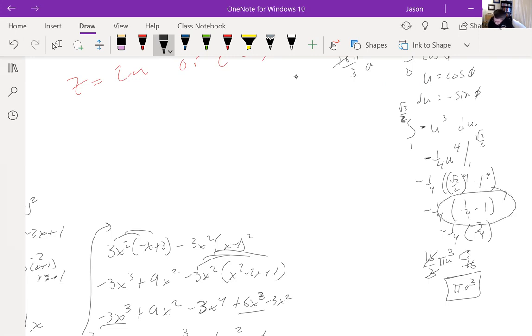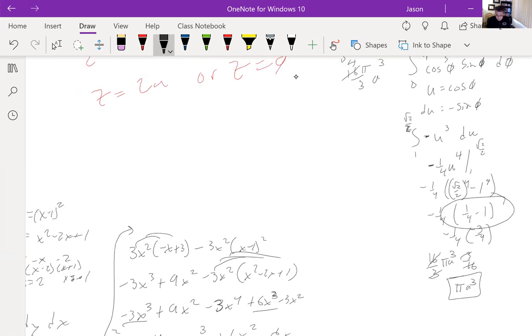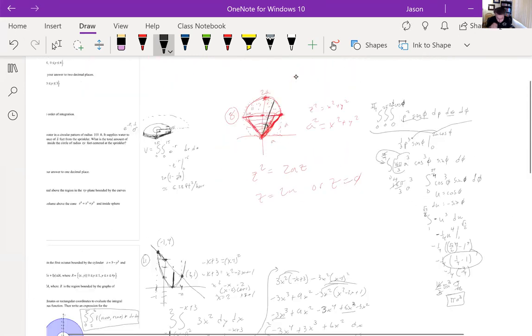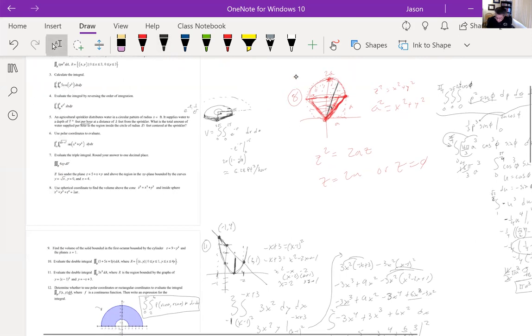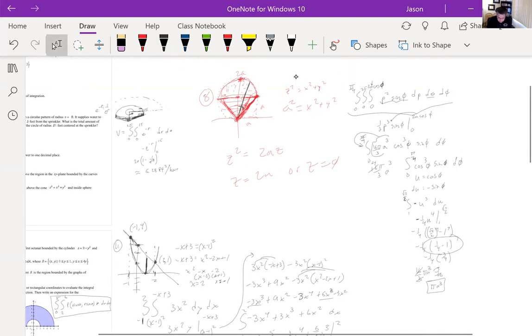I put in a 1/2 instead of a 1 because I was thinking squared, not to the 4th power. Okay, that's good. I actually did the whole thing, the arithmetic as well.